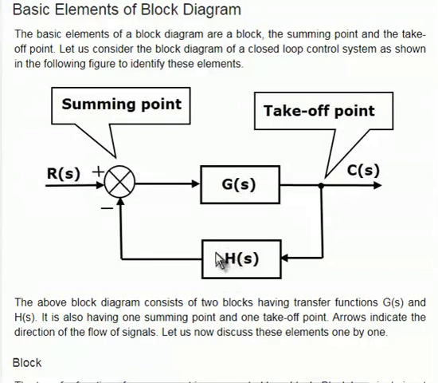H of S is representing the feedback block. You can take any control system; if it has a feedback element, we have to represent its block with H of S. This is the symbolic representation of a feedback control.